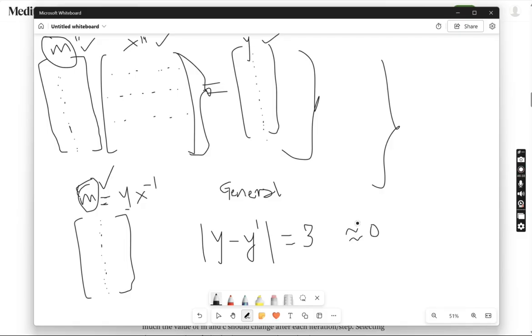Right now it is not closer to 0, it has to be made 0. So you will tweak this m value a little bit. You can't change x because x is given to you, y is given to you. The only thing you can change is m. So you will tweak the m value a little bit so that this becomes 2.